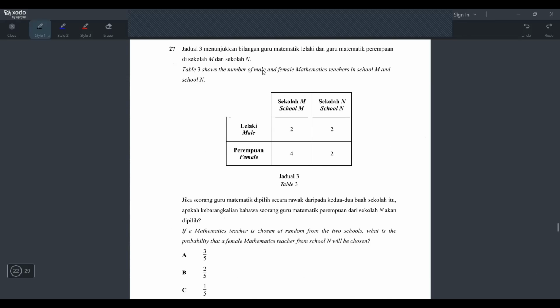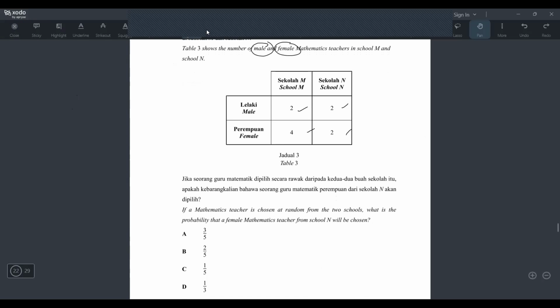Number 27. Table 3 shows the number of male and female mathematics teachers in school M and school N. So this is the number of teachers. Okay, let's see what they want. If a mathematics teacher is chosen at random from the 2 schools, one chosen from school M, one chosen from school N, what is the probability that a female mathematics teacher from school N will be chosen? So the probability of female from school N. Let's see.